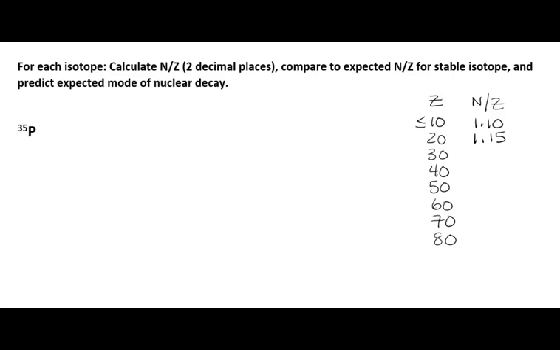Now, the only difference in this simplified version is when you go from 20 to 30, it jumps up to 1.25, but then all of the remaining Z values go up by 0.05. So then for 40, we're at 1.30, then 1.35, 1.40, 1.45, and 1.50.